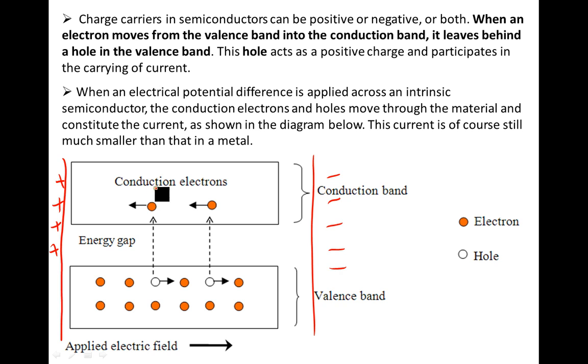Because of this, the electrons want to move towards the positive charge, and the holes, which are positive, will want to move towards the negatively charged plate. Electrons moving towards the left and positive charges moving to the right constitutes a current moving towards the right.